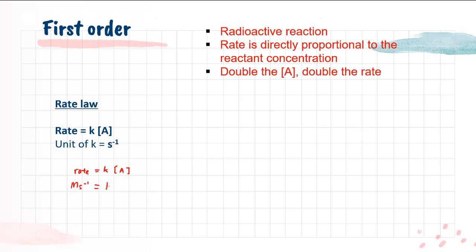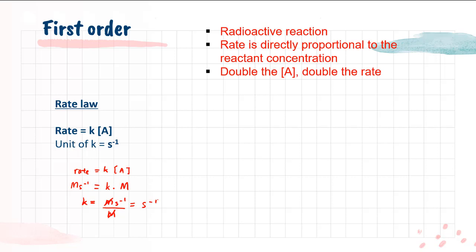In order to know the unit of k, we need to derive it mathematically. The concentration has the unit M. Therefore, if you simplify the units, k equals M s^-1 over M. So cancel off the concentrations, and you get per second. The unit of k is per second.